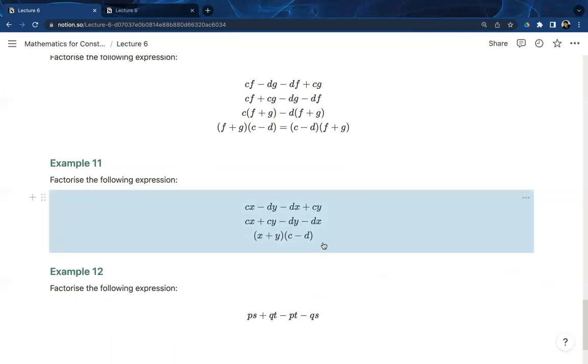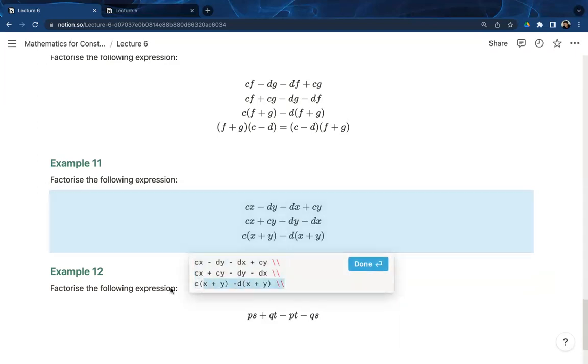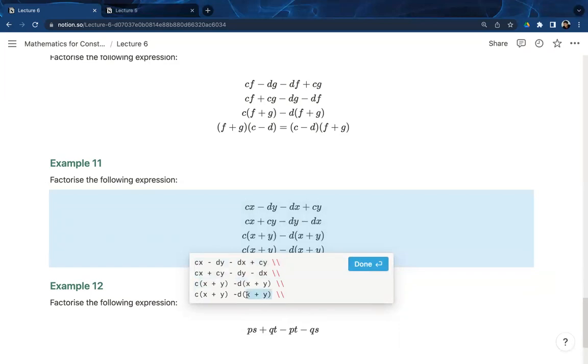Let me rewrite this now. So if I take out the x plus y, which is common, I'll be left with c minus d.